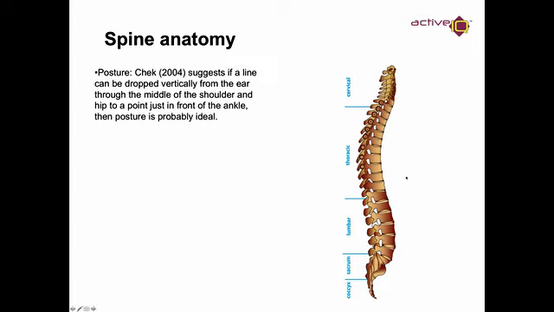And then this one here on the thoracic region, which is curving out, is known as a convex curve. So we have convex and we have concave. Convex is for the thoracic region, concave is for the cervical and the lumbar region.